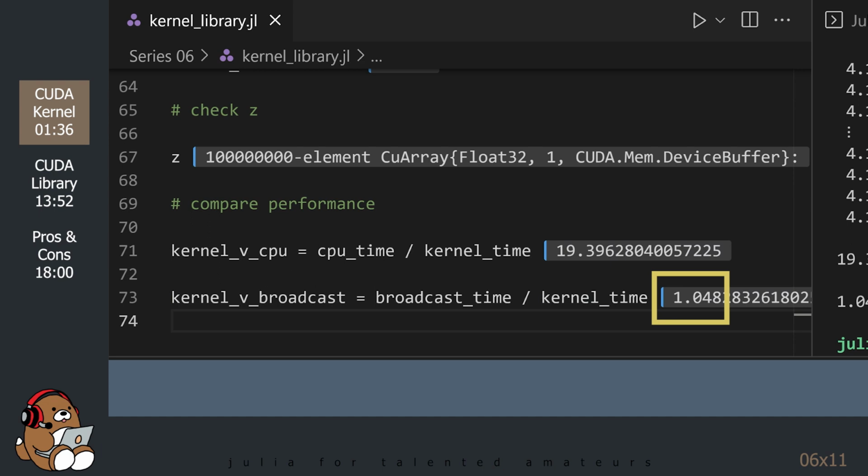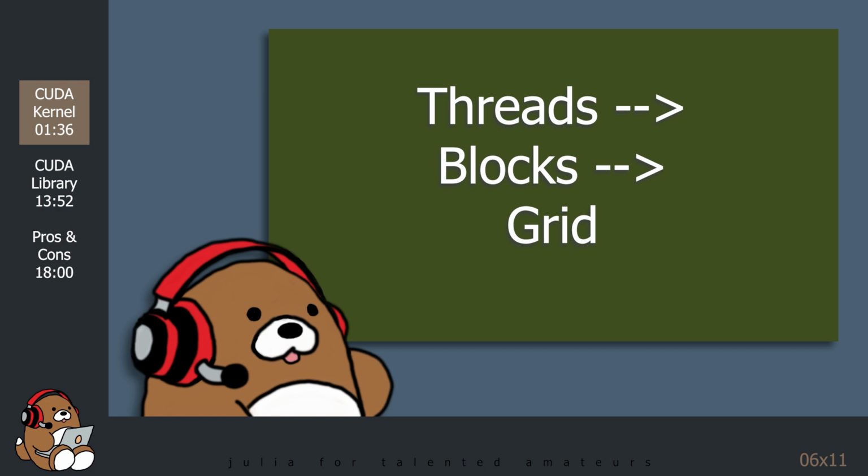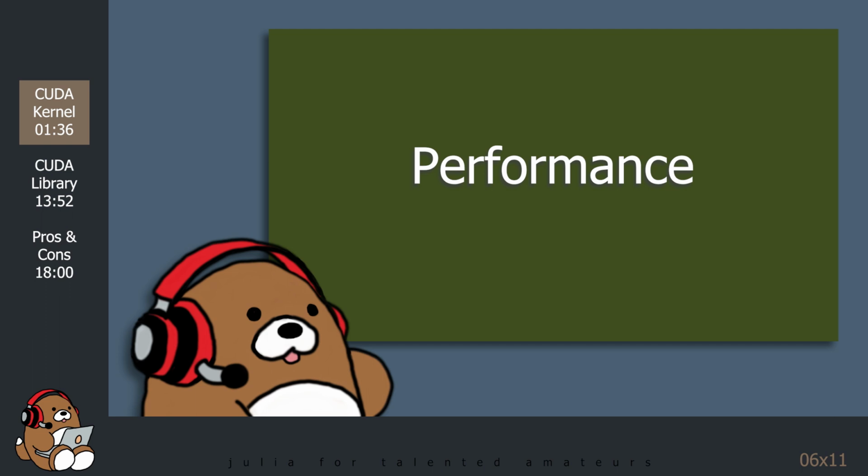It's not dramatically faster, but it is indeed a little faster. Pretty cool, right? So the takeaway here is that the CUDA kernel does take a little extra work to create, and does require an understanding of how CUDA organizes your tasks to run on the GPU, but that effort may result in better performance.